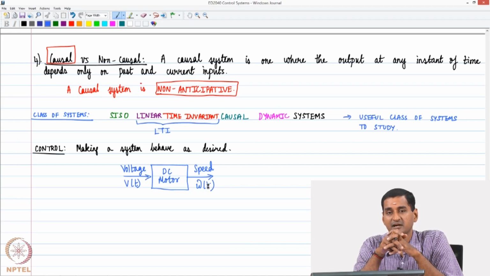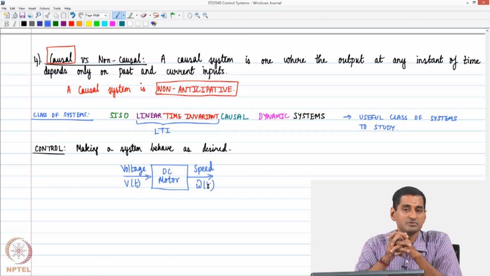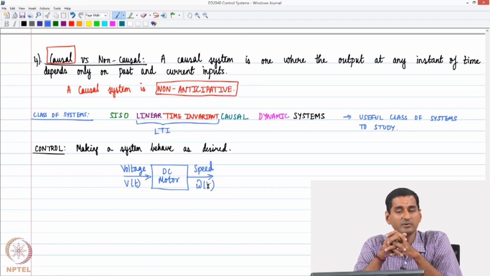Now, the question that we ask ourselves when we want to design a controller is that suppose I want to maintain the speed of the DC motor's output shaft at a particular value, what voltage input do I need to provide? So, that is the question we ask when we want to control this DC motor.